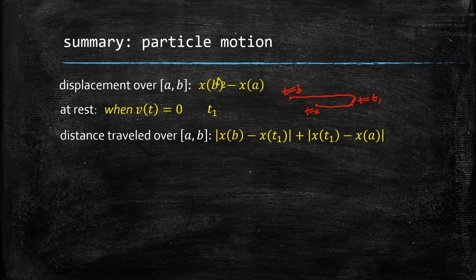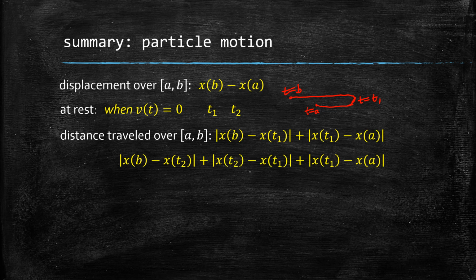What if it was at rest a second time, t2? To take that into account, we would have to divide up the calculation into three parts. Say t2 happened to be right here. Now it could be that it doesn't turn around at t equals t2. So technically, did you have to break it up like that? Not necessarily, but just to be safe, you might as well break it up into the three components.